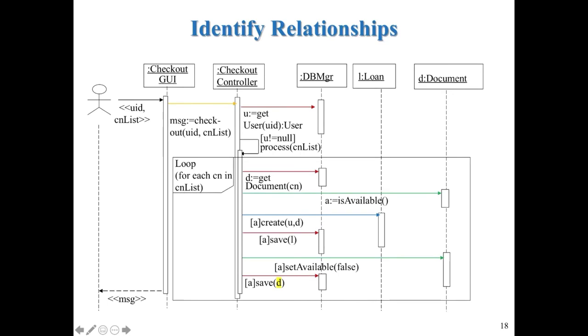Similarly, the green arrow signs show the relationship between the CheckoutController and Document, because the green arrow signs are connecting these two classes. Similarly, the last blue one connects your CheckoutController with the Loan class. So this shows the relationship between the CheckoutController and Loan.